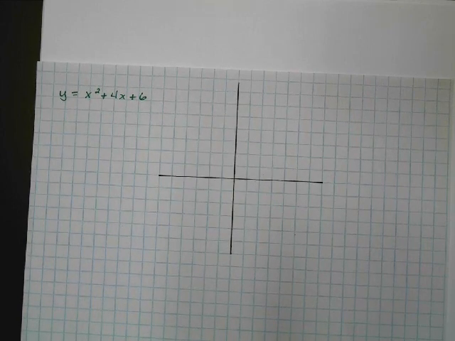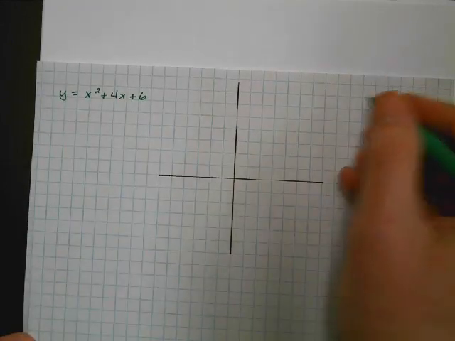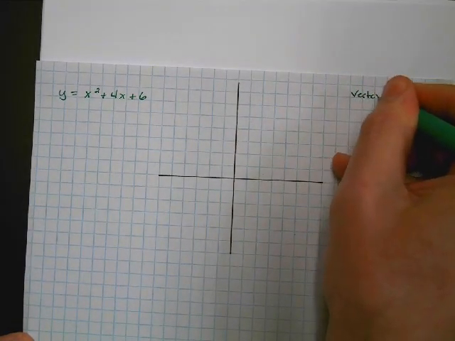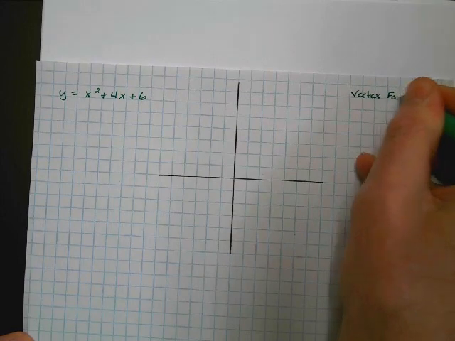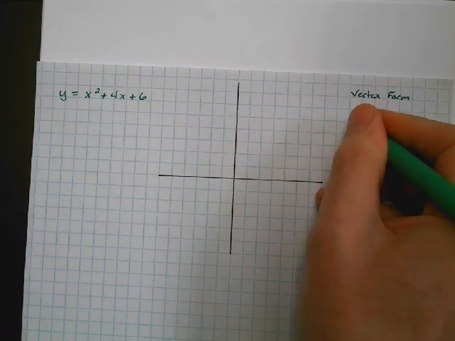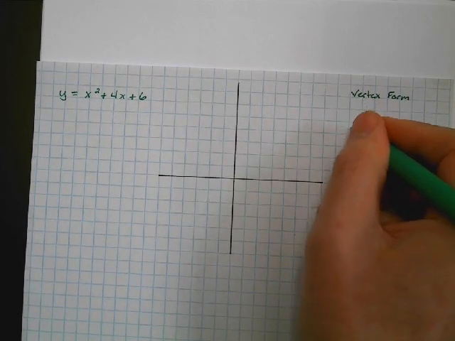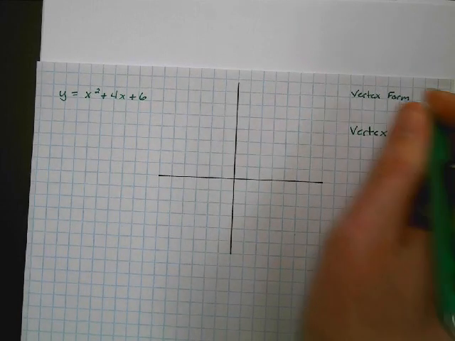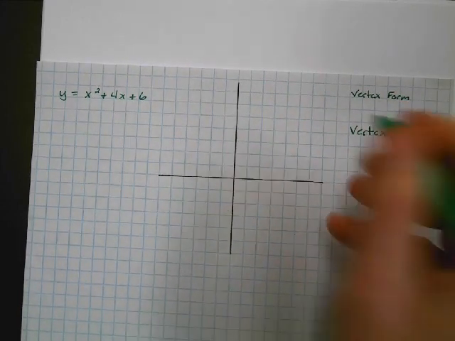I want to have it written in vertex form. I want the vertex, which we will have because we did vertex form. So I want the vertex. I want the y-intercept and the x-intercept.